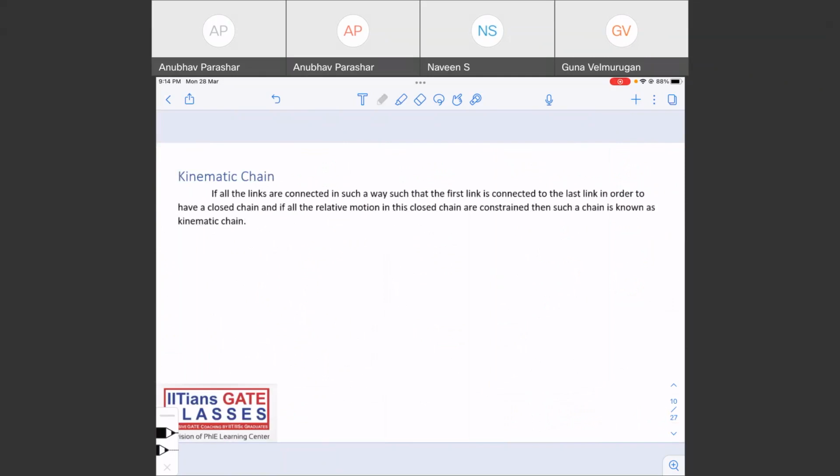Kinematic chain, right? We have seen link, that is the smallest element. Then you have seen pair, that is two. Similarly, you go on joining one link after the other, and make sure that all the relative motions are constrained, and finally you close the chain.